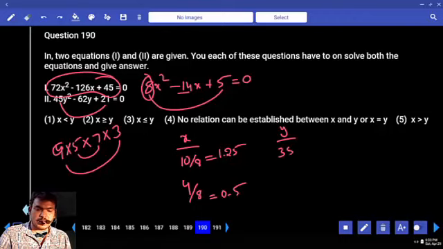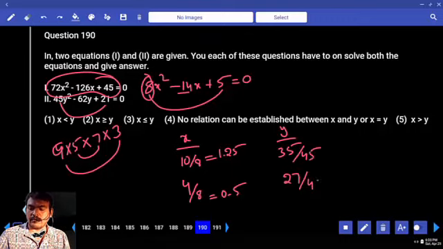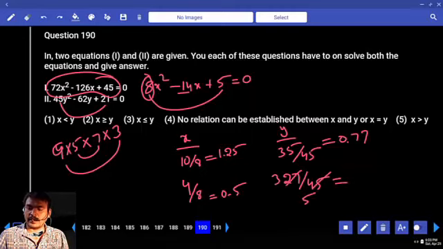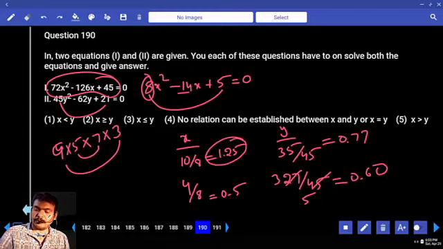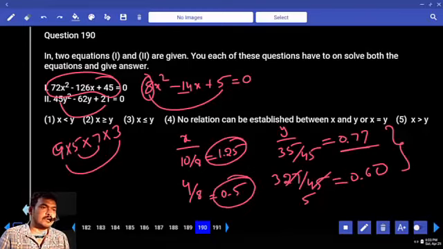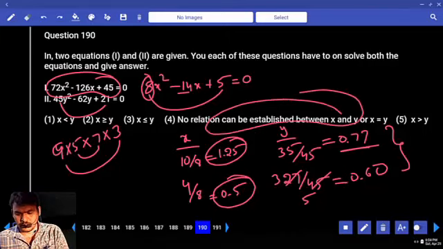One will be 35, another one 27, and each one is divided by which one? 45. 35 by 45 is 7 by 9, which is 0.77, or 27 by 45 is 0.60. Then 1.25 compared to these two values is greater, but 0.5 compared to 0.77 is lesser. Then the answer is no relation. Next one.